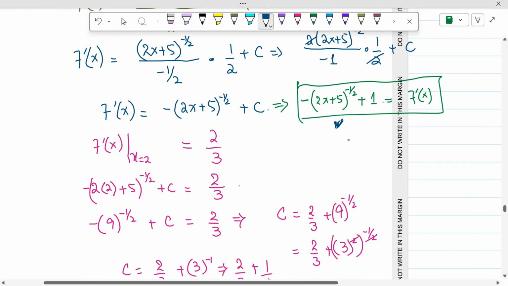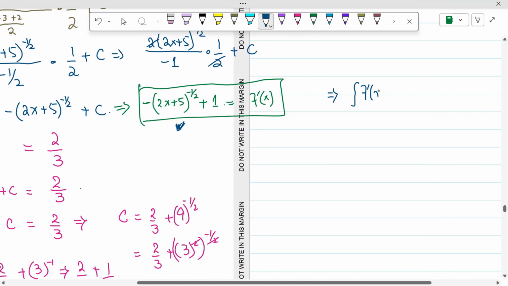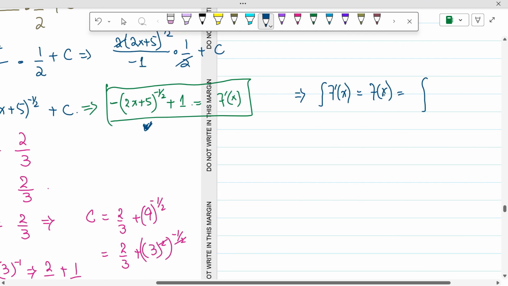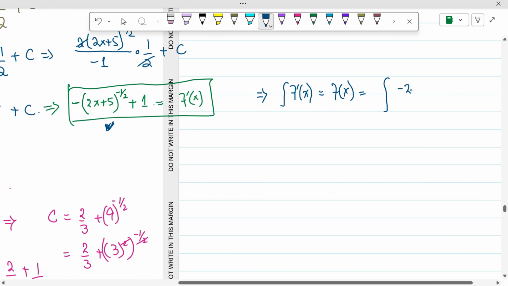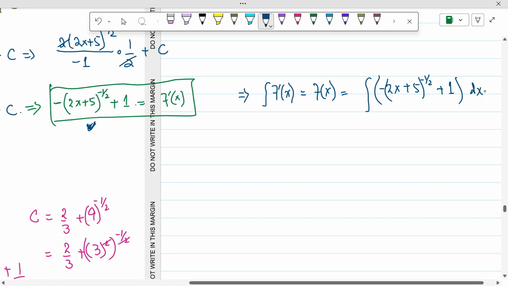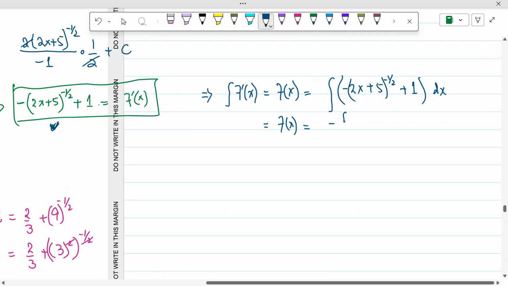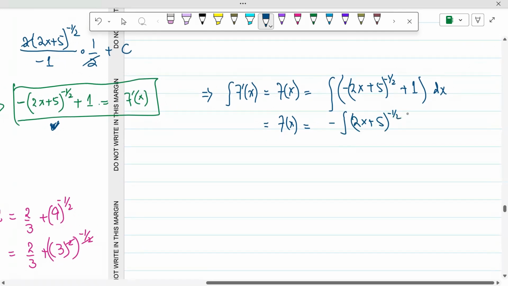The integration of the first derivative of the function is f of x, and this is equal to the integration of negative (2x + 5) to the power of negative half plus 1 with respect to x. So f of x equals negative the integration of (2x + 5) to the power of negative half plus the integration of 1 with respect to x.